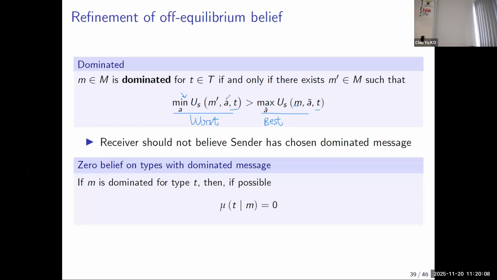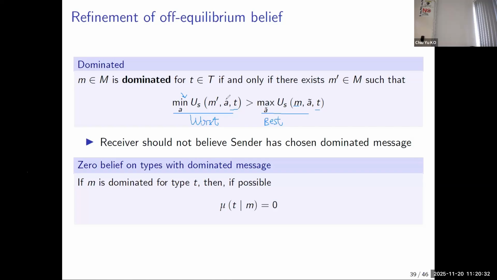But the idea is, if some message is too stupid to be sent, which means that the best case scenario cannot be better than that, because it's taking the maximum A can do, the minimum A can, right?